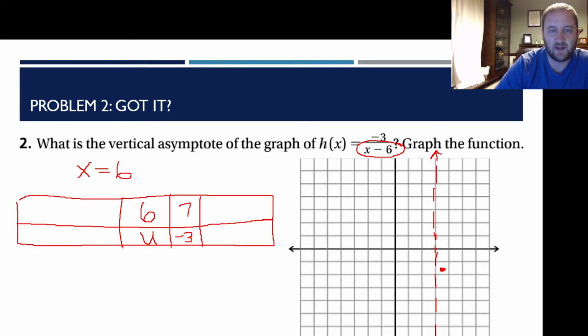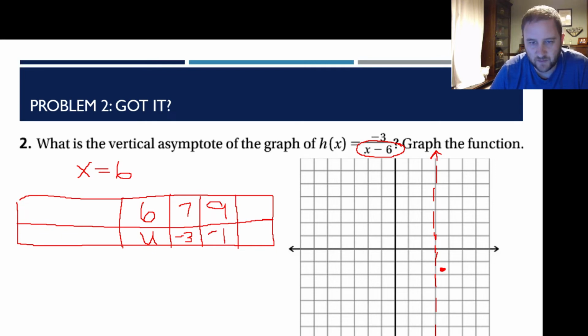Next, let's go with x equals 9. Plug 9 in for x. 9 minus 6 is 3. -3 divided by 3 is -1. So 9 would be right here, and then -1 gives us right here. And then let's just go with one more value.